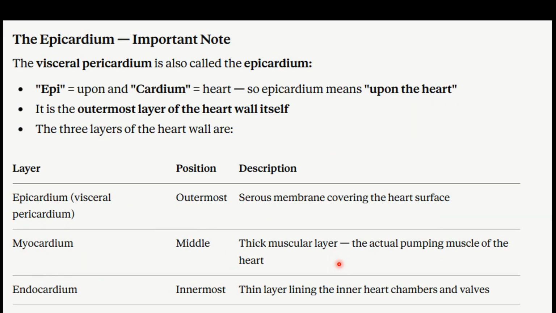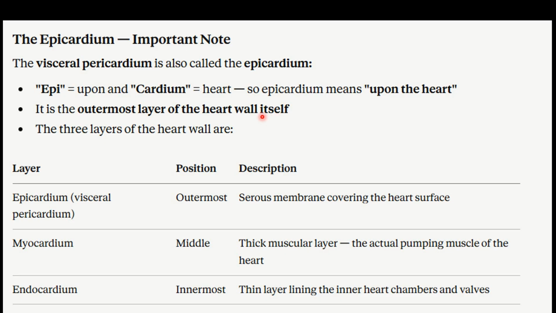Next we have a very important term that you might have heard, epicardium. What is epicardium? The visceral pericardium is also known as epicardium, where epi means upon and cardium means heart. So epicardium means upon the heart. It is the outermost layer of the heart wall itself.